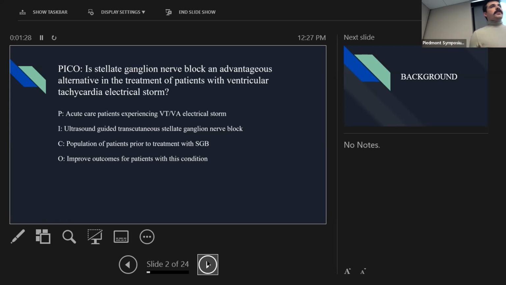With our population being acute care patients that are experiencing this condition, the intervention being the stellate ganglion nerve block, and the comparison being the same population before and after treatment with the goal of improving outcomes for patients with this condition.